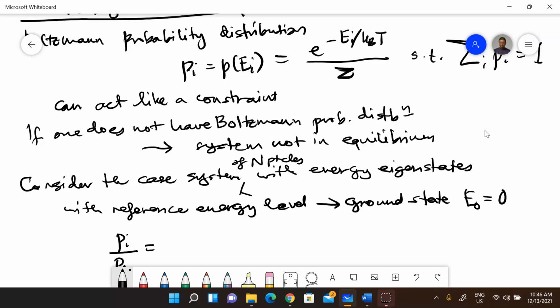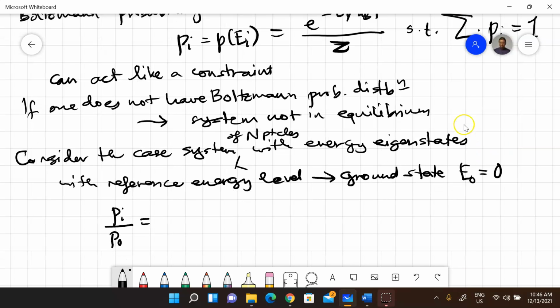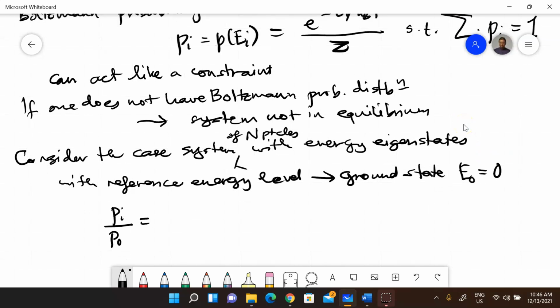Okay, so what's going to happen is that when you do that, this denominator is common to both Pi and P naught, and that will get cancelled out, and we just have this negative exponential thing.